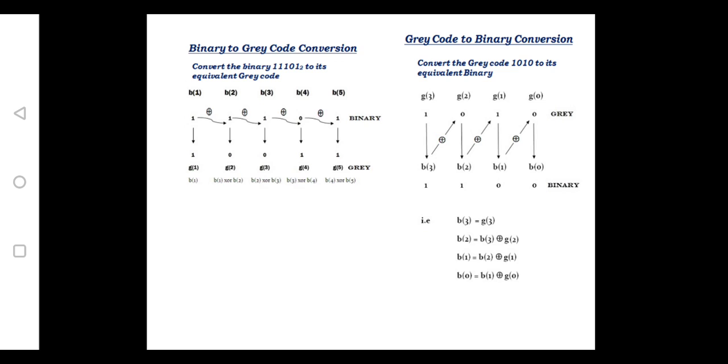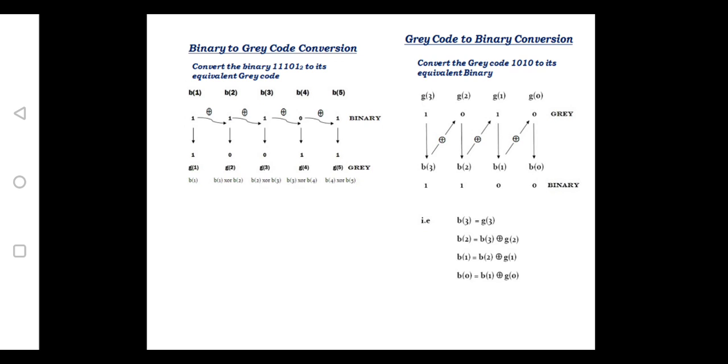Let us see how to write a gray code. If you want to convert binary to gray, let me take an example. The binary number is 11101 and we need to convert it into its gray code.